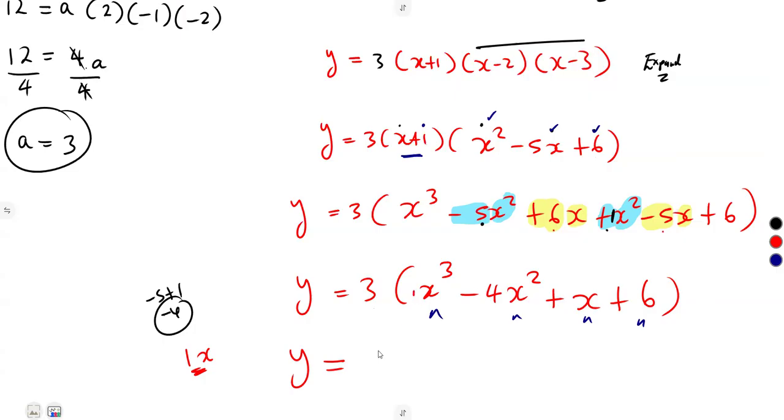So 3 times 1 is 3x cubed, since there is a 1 as the coefficient of x cubed. 3 times negative 4 is negative 12x squared. 3 times 1, the coefficient of x, is positive 3x. 3 times 6 gives us 18. So that is the equation of our cubic function from what we had.